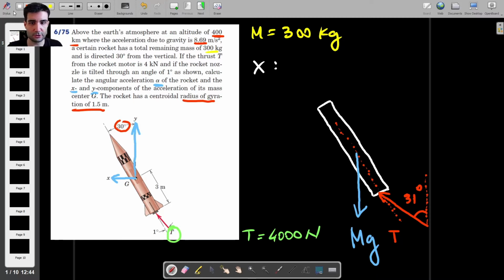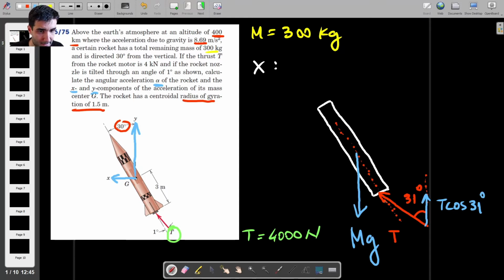Okay, so let's see what forces are acting, or what forces have components acting in the x direction. So weight doesn't have anything going on in the x direction because it's purely vertical. So the only thing remaining is the thrust force. The thrust force has a component in the y direction, which is this one here, right? And this is the thrust times cosine of 31 degrees.